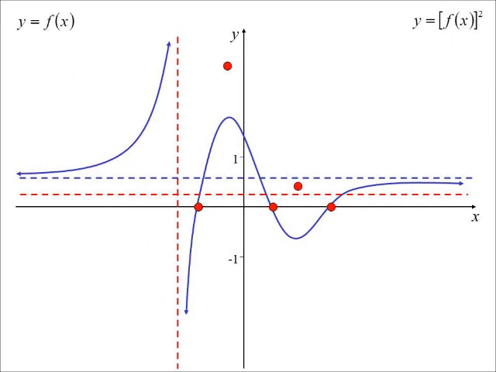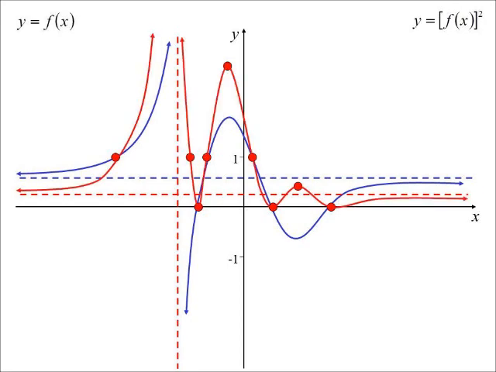1 squared is 1. So let's plot with the 1's in, and negative 1 will become positive 1. Right, so we know the curve's going through all that. So now I can draw it in. So below 1, it goes under the curve. Above 1, it goes above the curve.